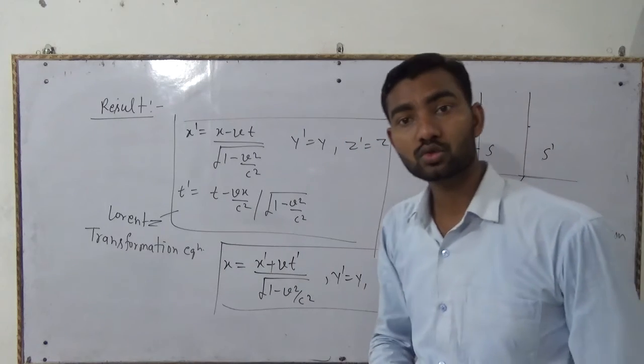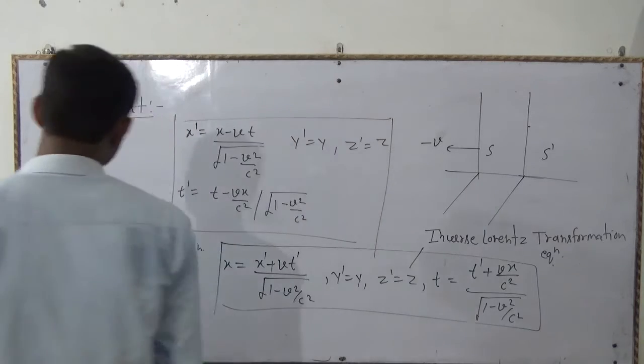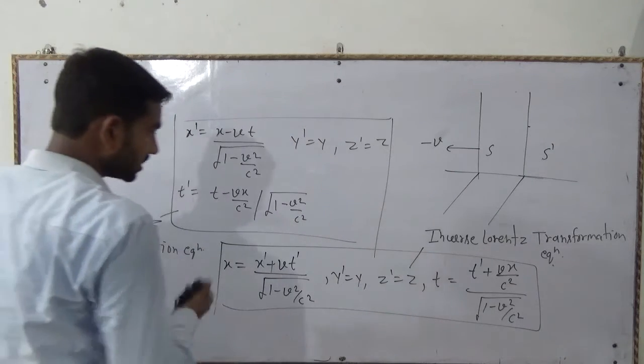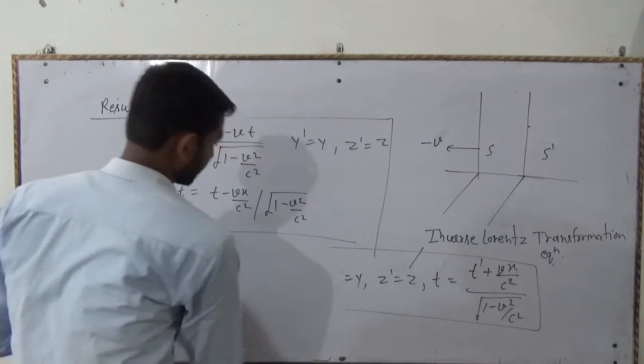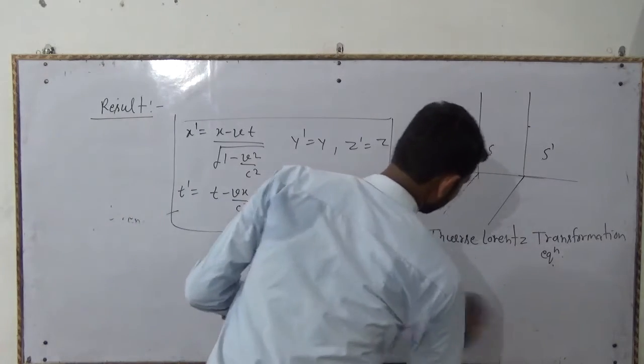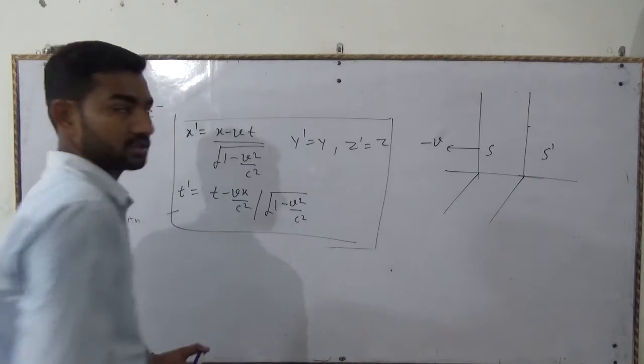Here we have discussed two different conditions for the Lorentz transformation equation. Now we will see the result part of this Lorentz transformation equation, the important results which we have found from the Lorentz transformation equation or inverse Lorentz transformation equation.